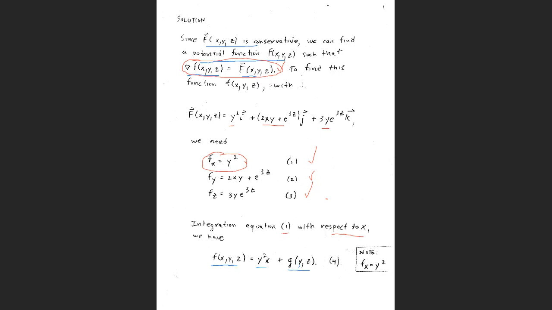So we want to write down the most general function possible. And for this function, if you differentiate that function with respect to x, that partial derivative will equal y squared. So you always have to put down the most general function.